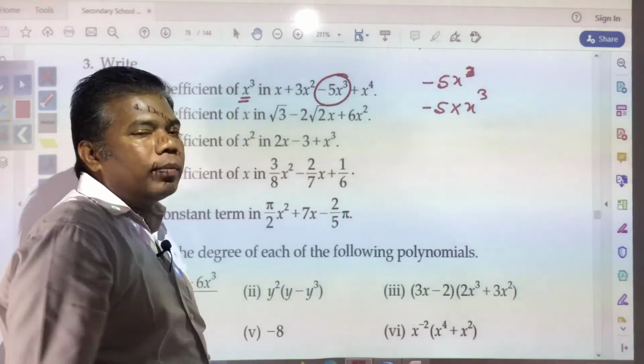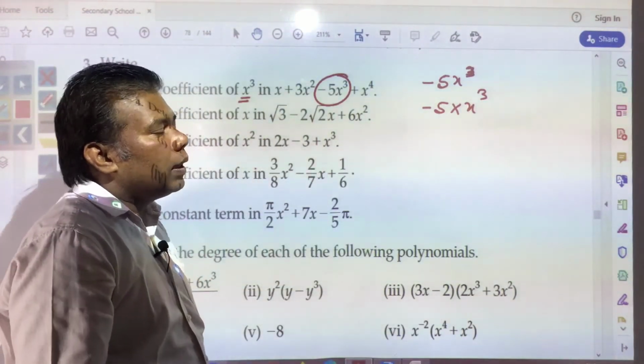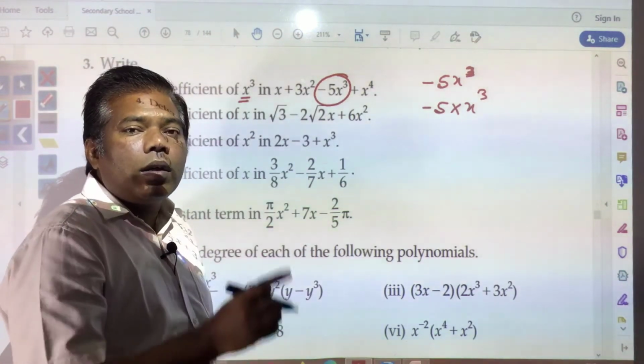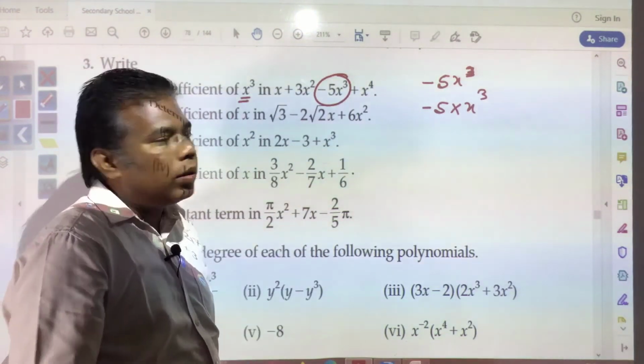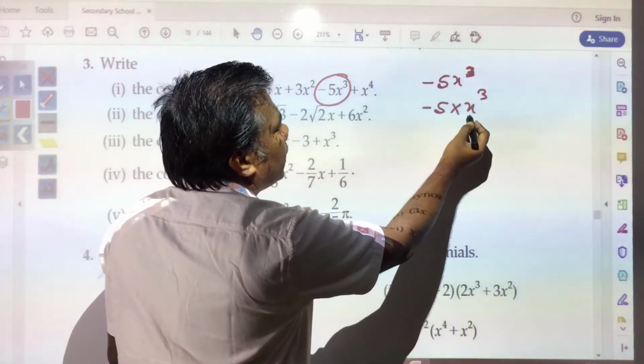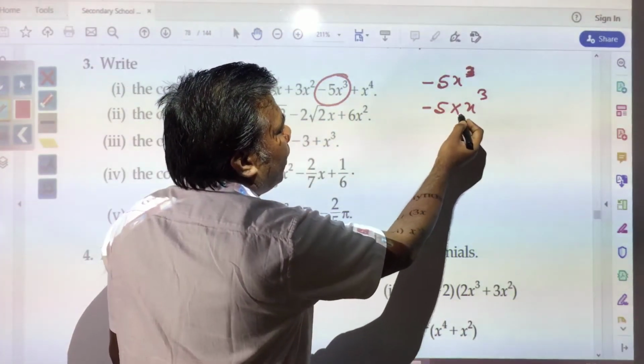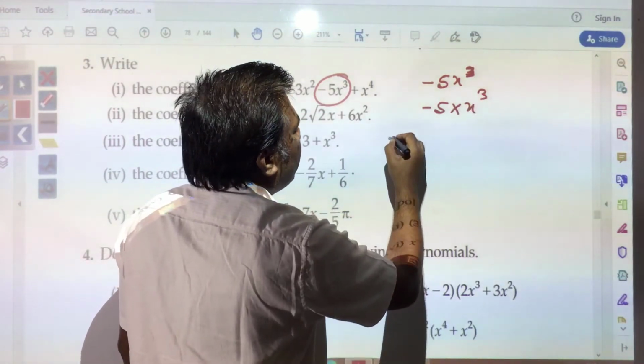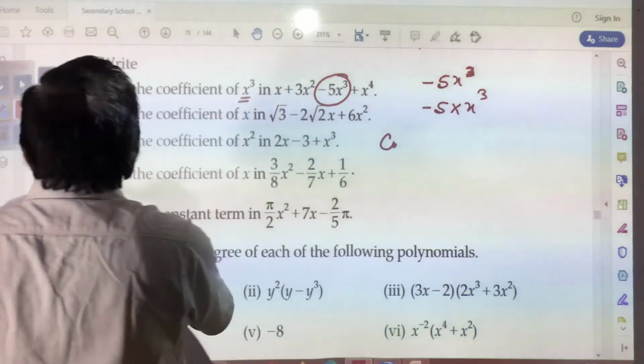With a variable term, if some constant is multiplied, that constant is called the coefficient of that variable. So here you have minus 5x cube, that is minus 5 into x cube.